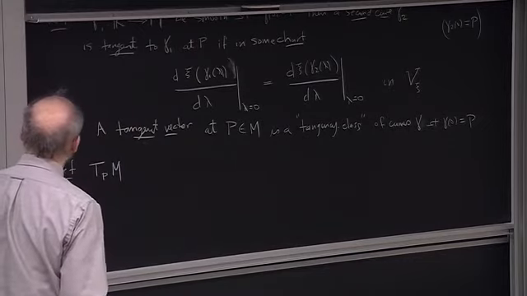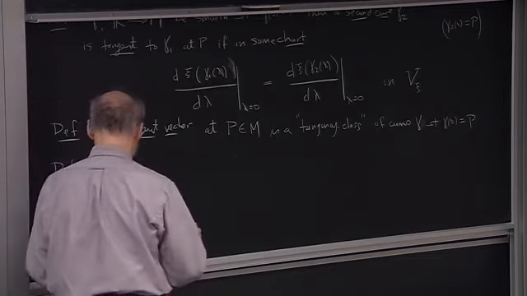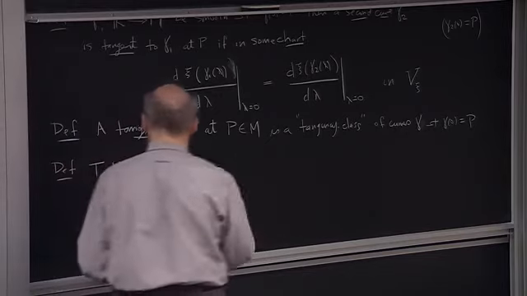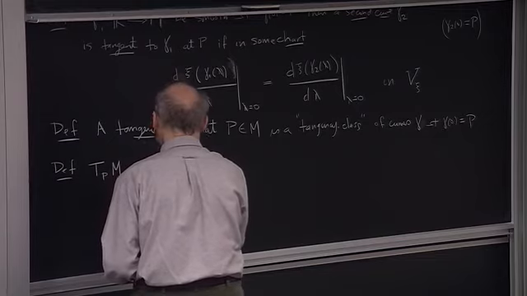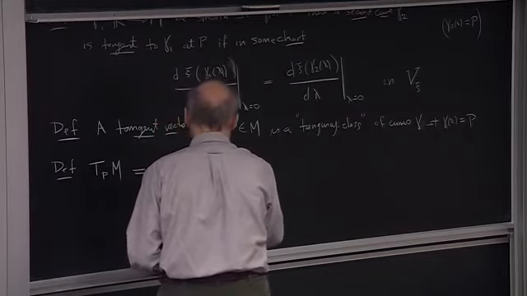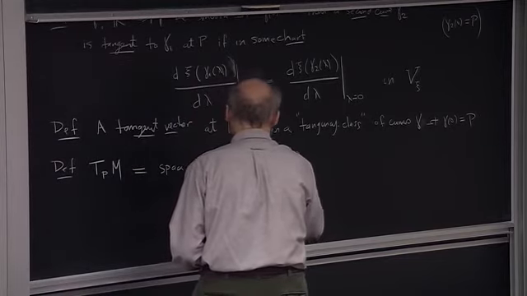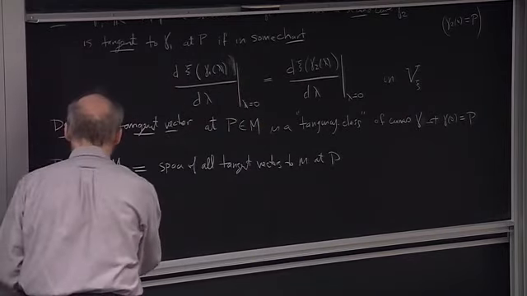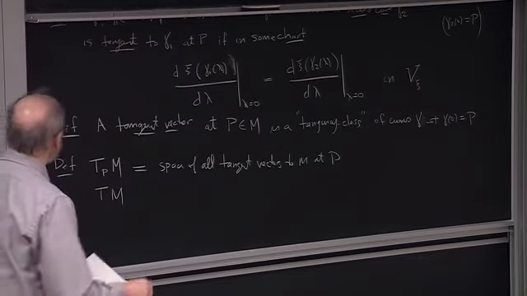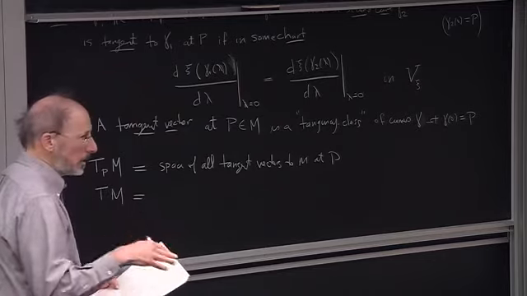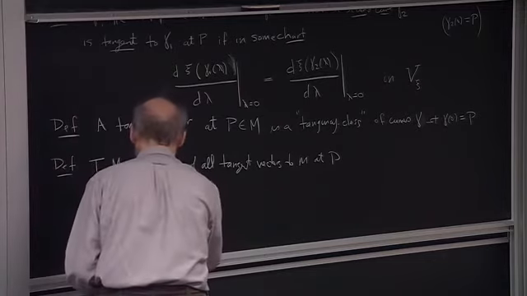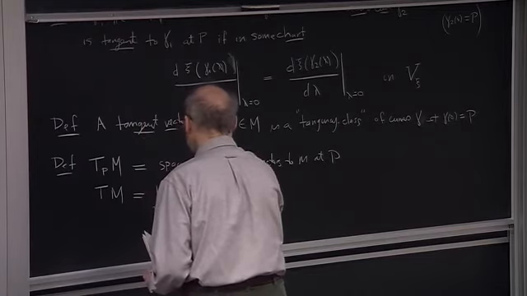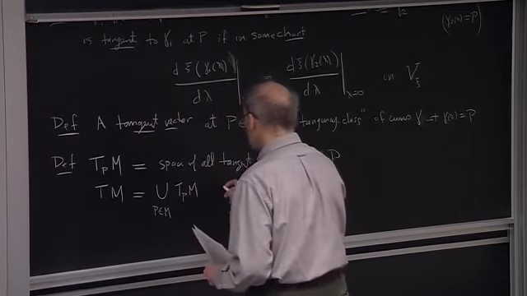The space of all tangent vectors at a given point P is called the tangent space to the manifold at the point P. And if we don't ask where it is, so we take the set of all vectors which are tangent anywhere in the manifold, which I could formally write as the union over all points of T, P, M, that's called the tangent bundle.